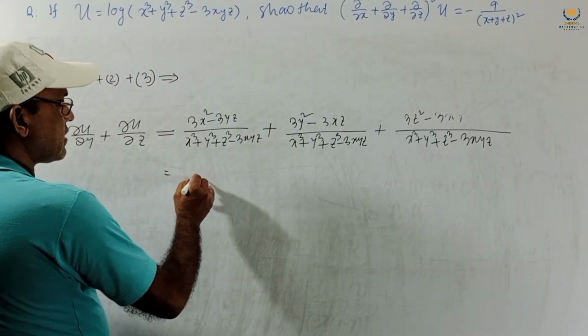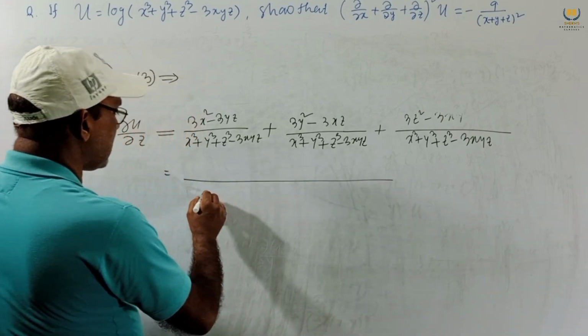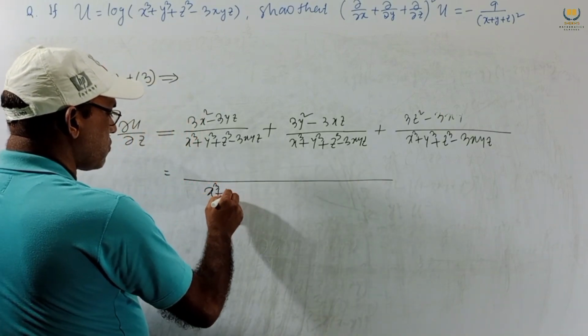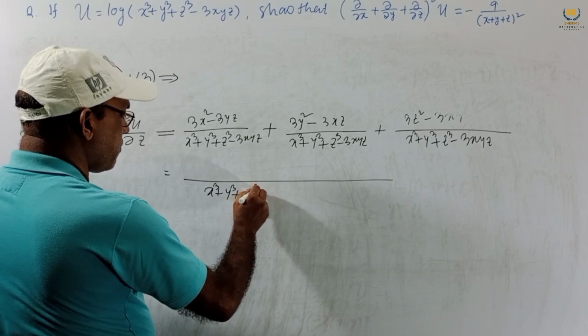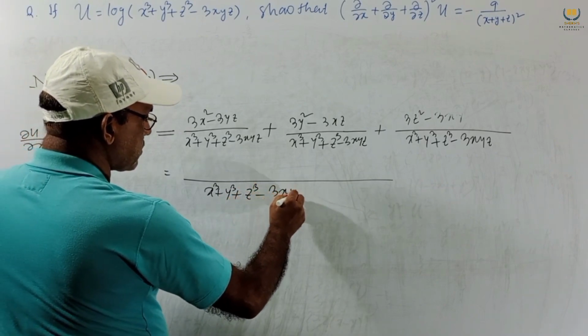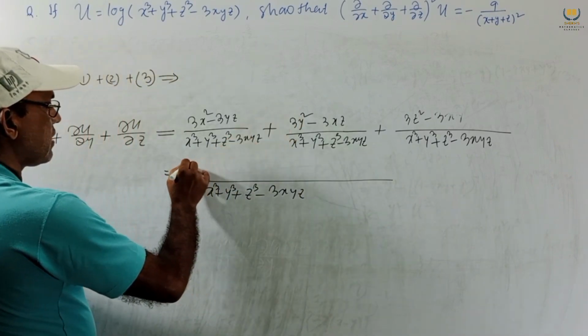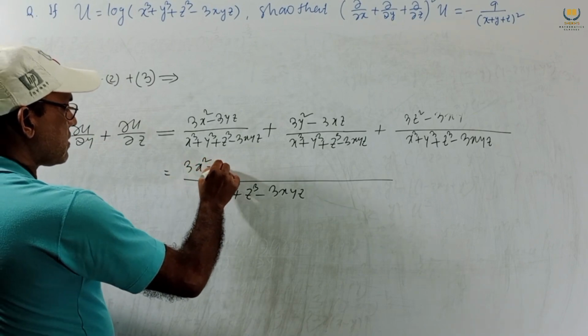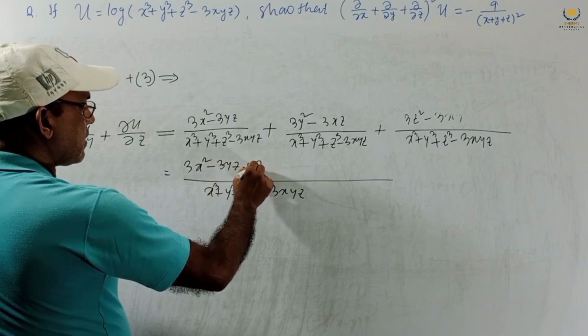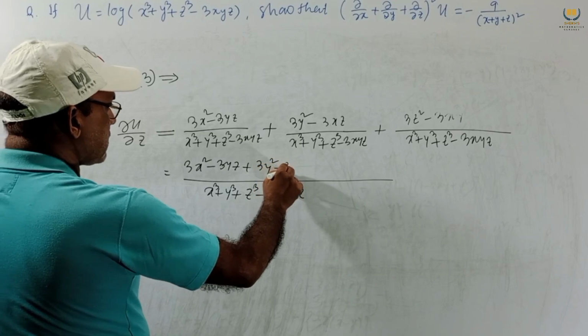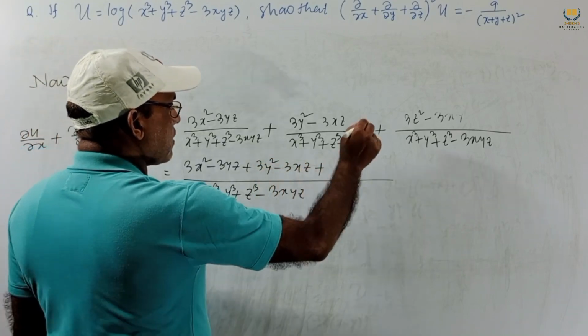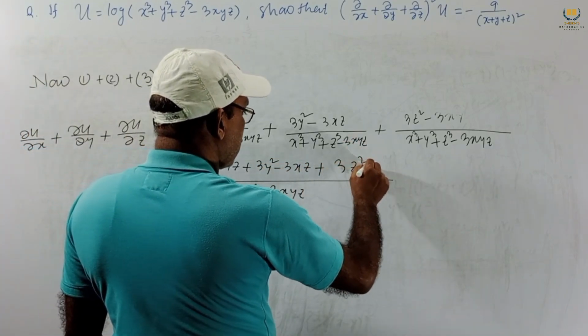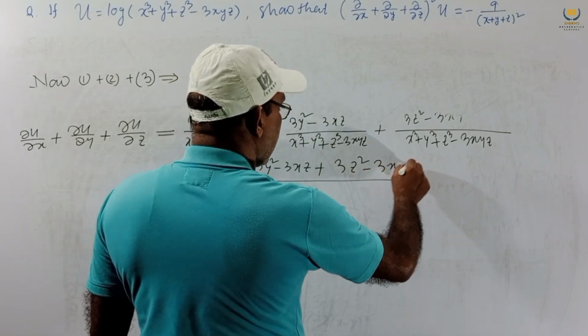So from this, taking LCM, LCM is x cube plus y cube plus z cube minus 3xyz. And here we get 3x square minus 3yz, 3y square minus 3xz, 3z square minus 3xy.